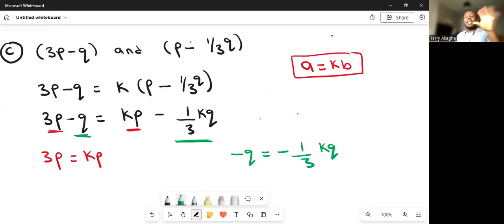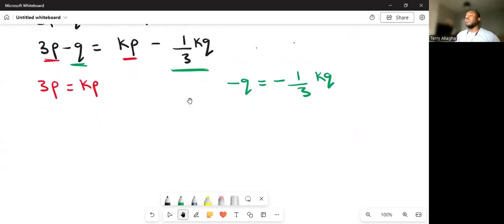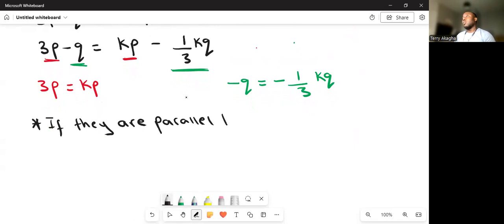And if they are parallel, the K in the first one must be equal to the K in the second one. Because the constant has to be the same for both A and B, right? So if they are parallel, the K in both scenarios must be the same.